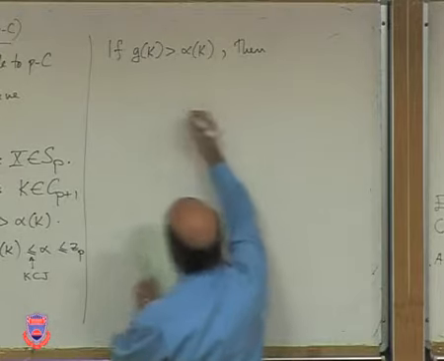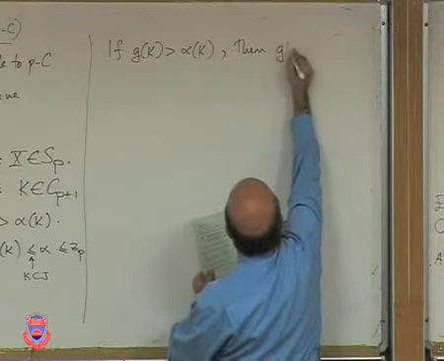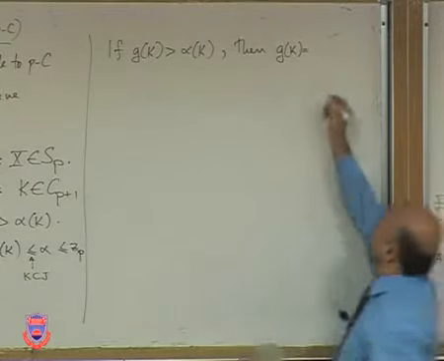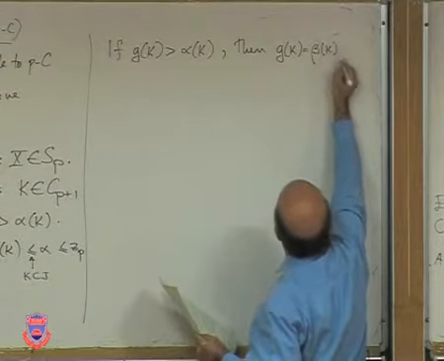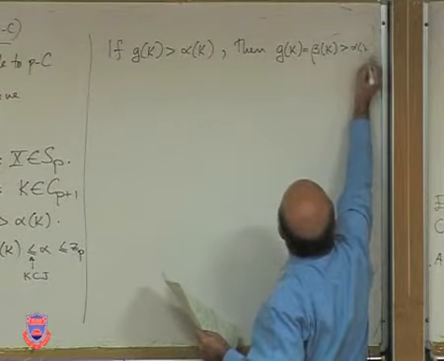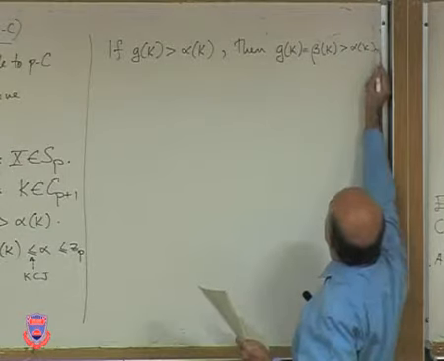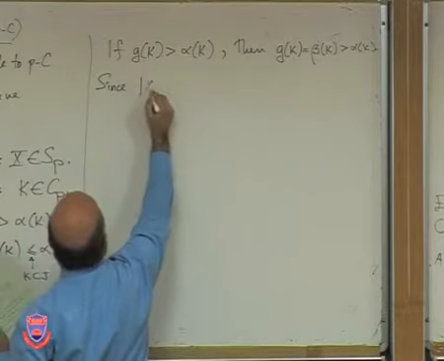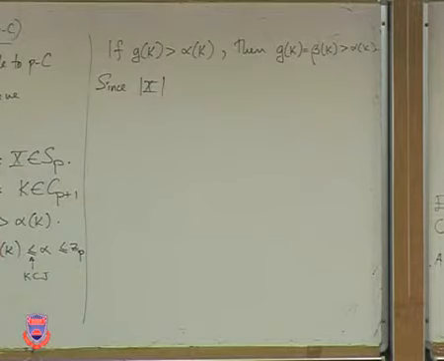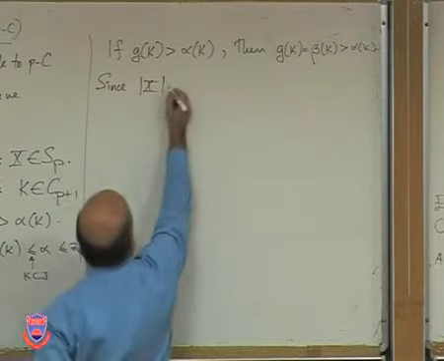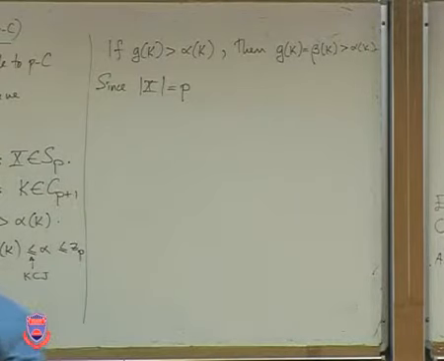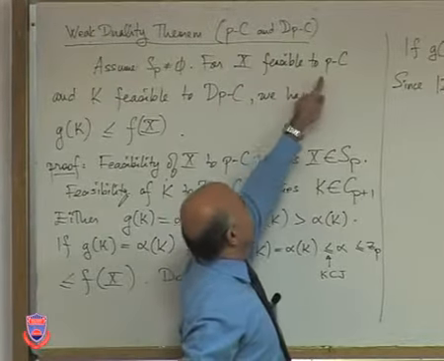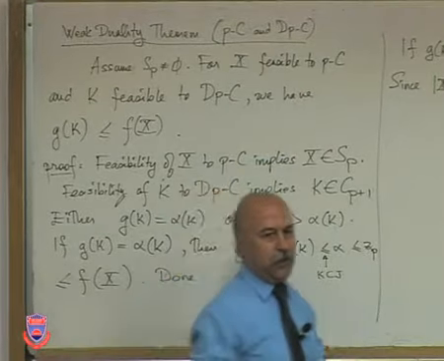Then, in this case, g of k, because it's the maximum of alpha k and beta k, is obviously defined by beta of k, which we know is greater than alpha k. Since the feasible solution we have on hand, x, is by assumption feasible to the p-center problem, it has p points in it.